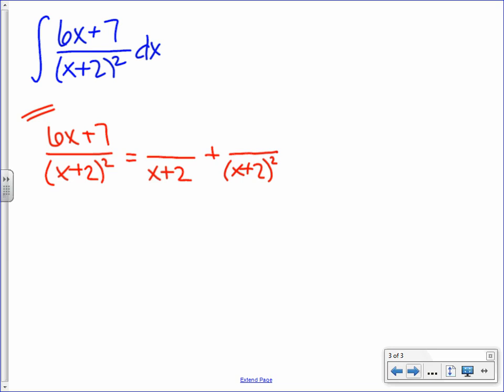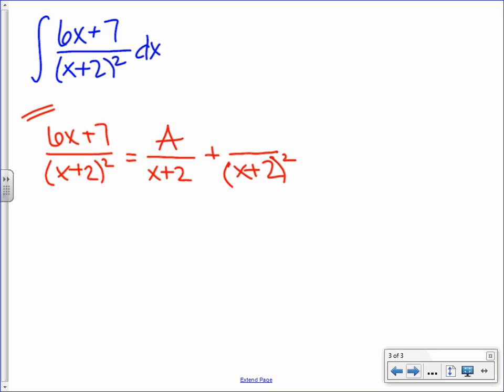Okay, so let's just think about this. If we had this only as x plus 2, because those are our two different factors, when it's actually together, we can't just add them together. That's the common denominator, okay? We want a common denominator of x plus 2 squared. So what goes up here? And here?